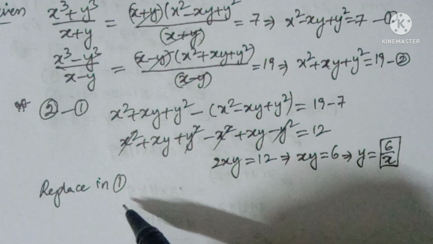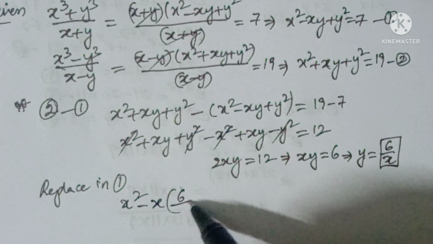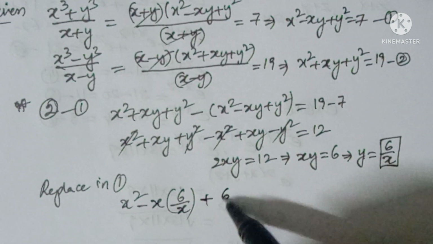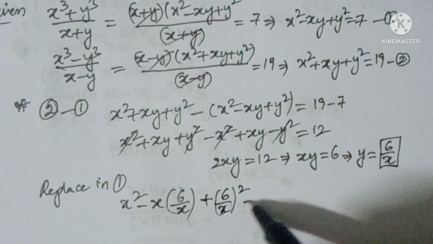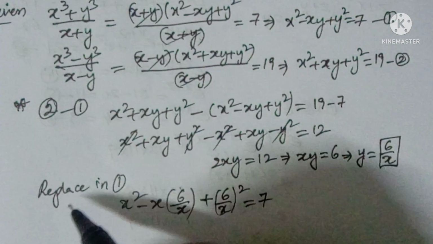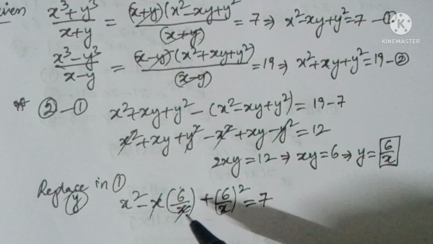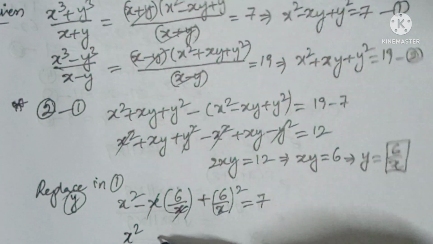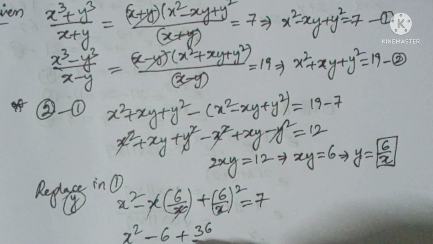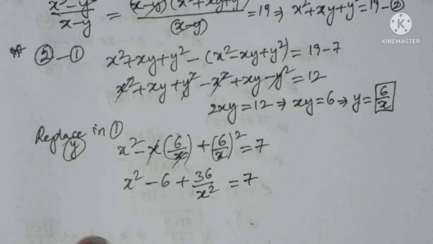So what will we get here? x² − x·(6/x) + (6/x)² = 7. Replace y in 1 now. x gets cancelled here. x² − 6 + 36/x² = 7.